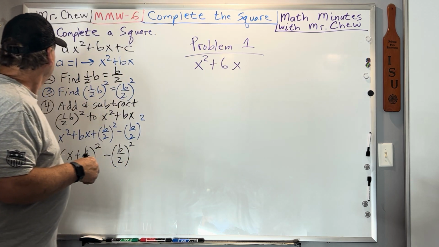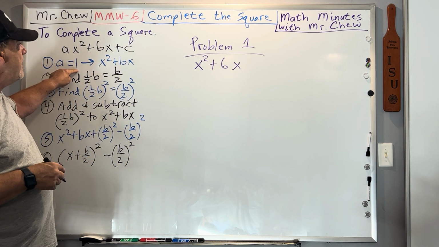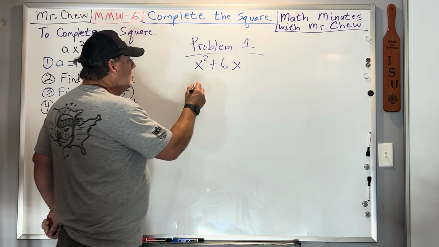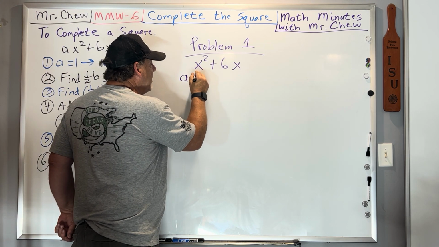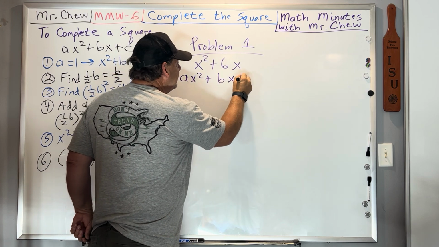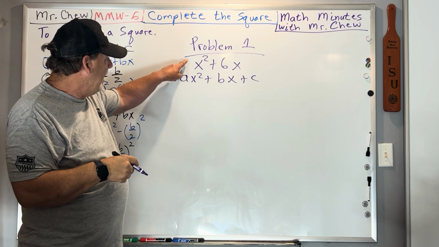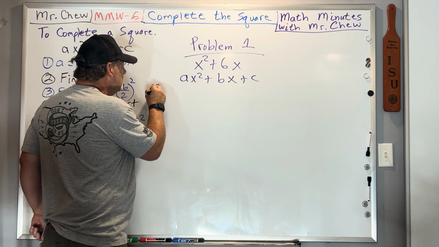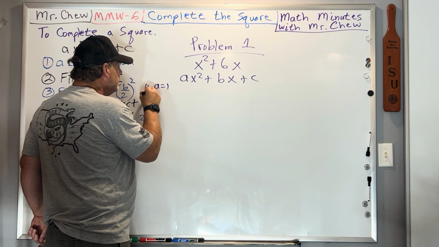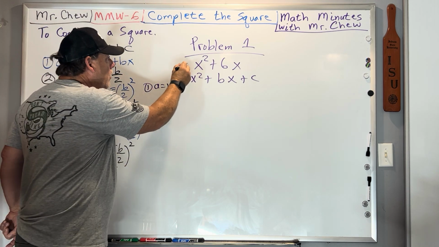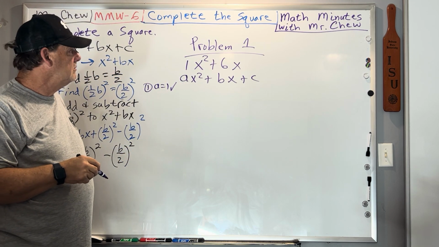So, step 1, does A equal 1? Well, remember, we're dealing with ax squared plus bx plus c. And in this case, my A is 1. So this is my first thing. A is 1. See how that's 1 x squared?